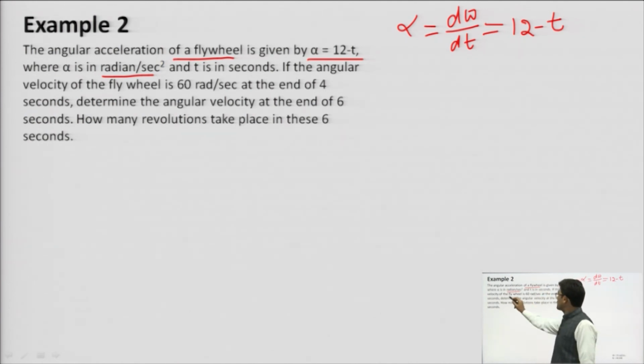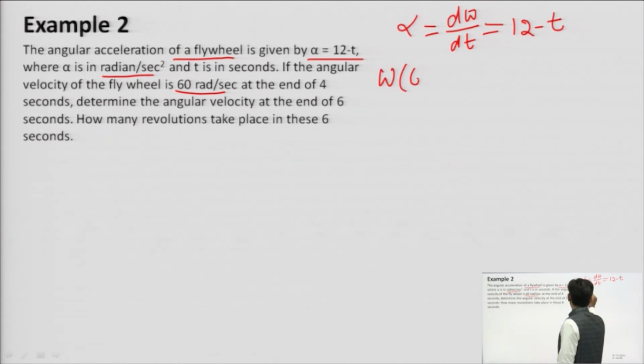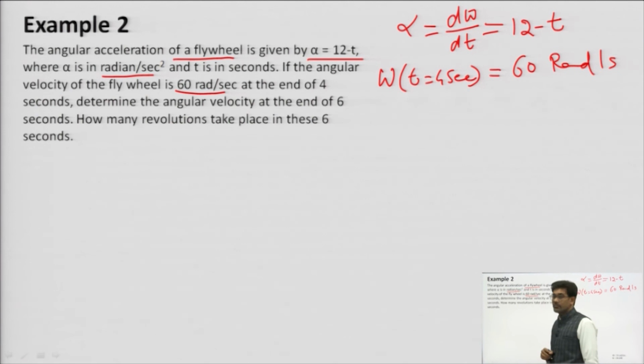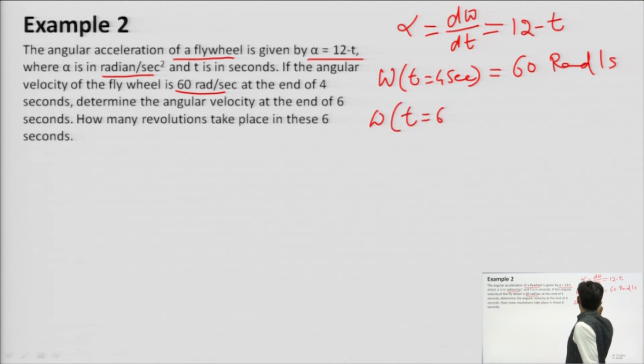If the angular velocity of the flywheel is 60 radian per second at the end of 4 second, so omega at t equal to 4 is 60 radian per second. Determine the angular velocity at the end of 6 second.